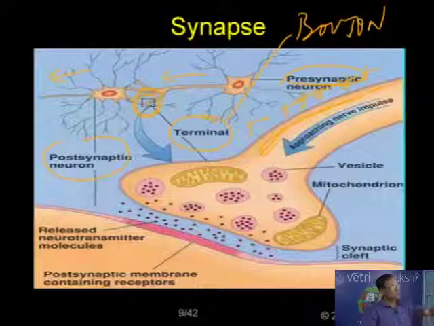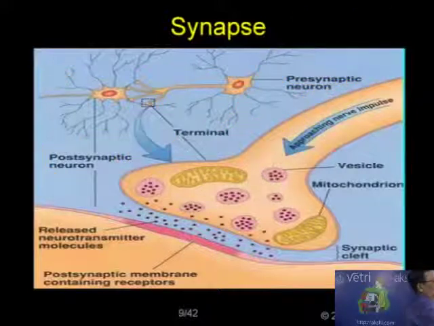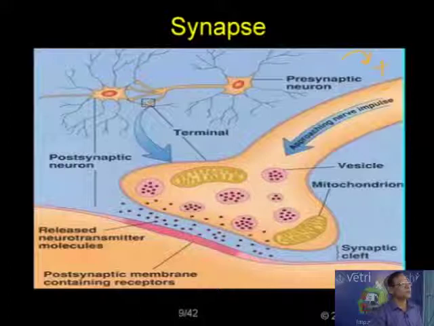Once a stimulus is given at this point, there is a change in charge. Now we have an outer negative charge and an inner positive charge.